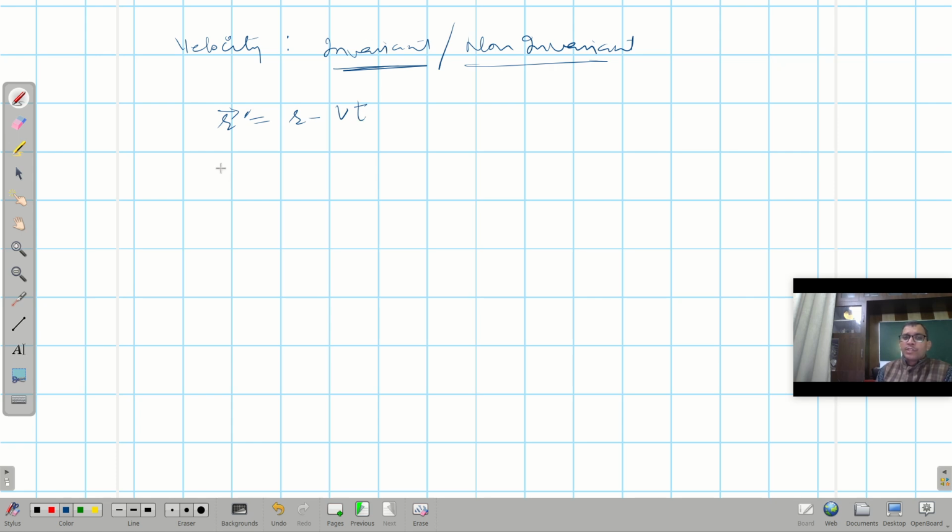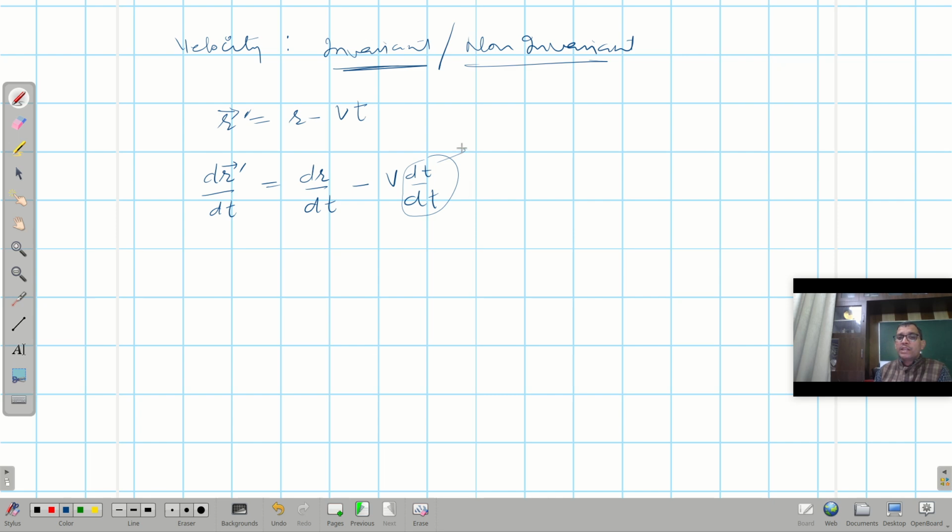For velocity, I have to find dr prime over dt. Let us take the derivative on both sides with respect to time. So it can be written as dr upon dt minus d(vt) over dt. So dt upon dt is basically 1.